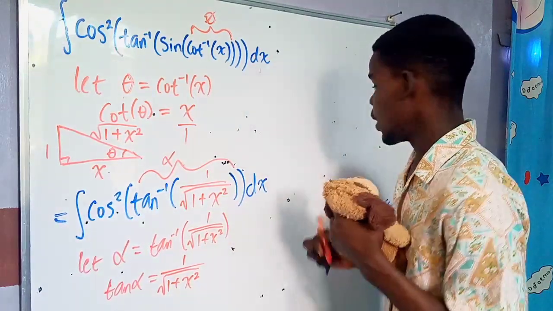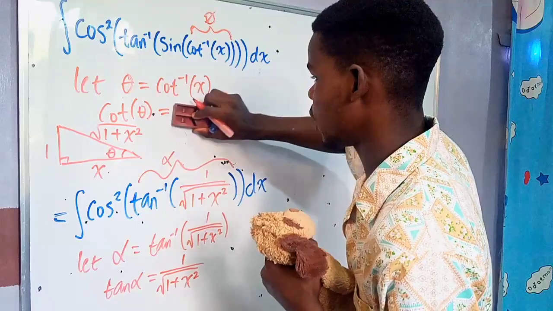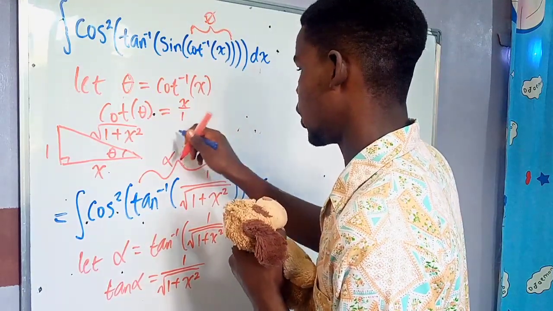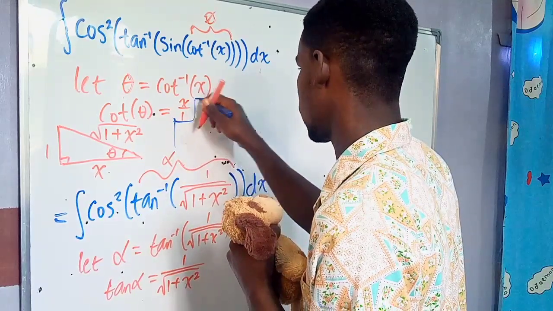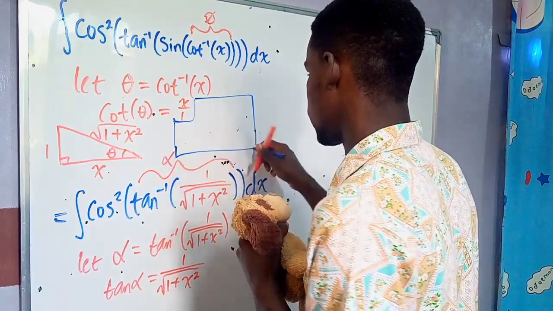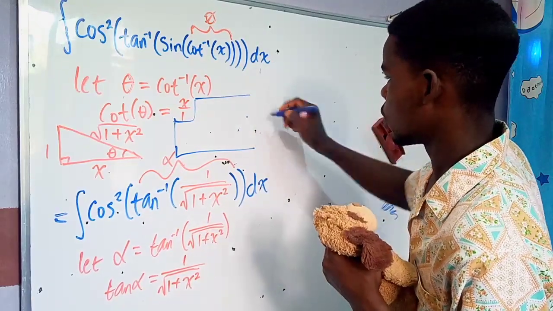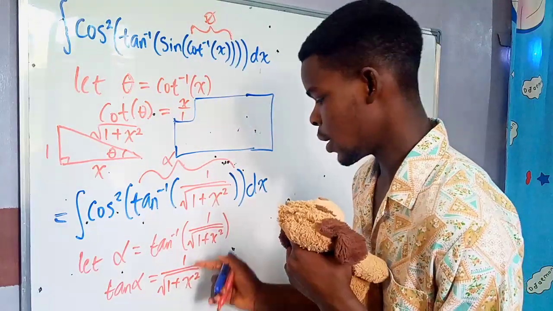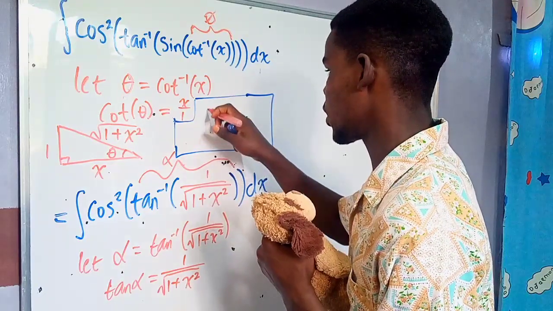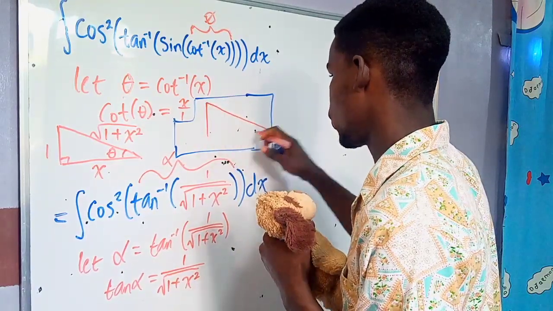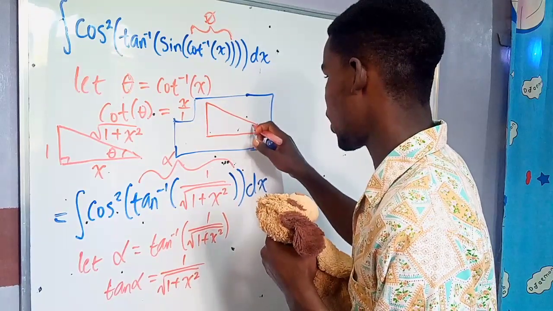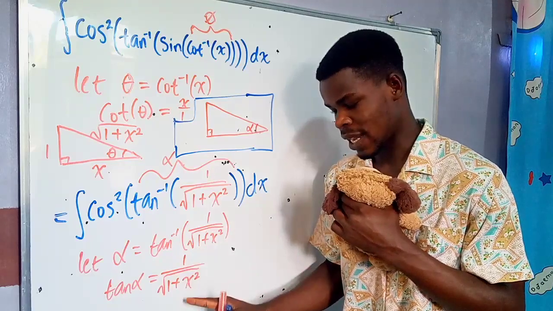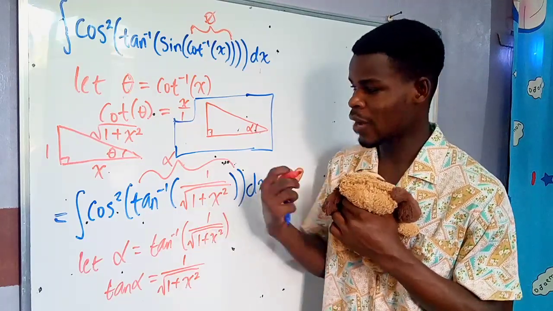Okay, nice. Similarly, we are going to look at this on a right angle triangle. Okay, let me call this x over 1. Let's see. So we have tangent of an angle is 1 over that, right? So if you look at this on a right angle triangle, where this is the angle alpha, and of course this is the 90 degrees, tangent of alpha is 1 over that. Tangent is usually opposite over adjacent.